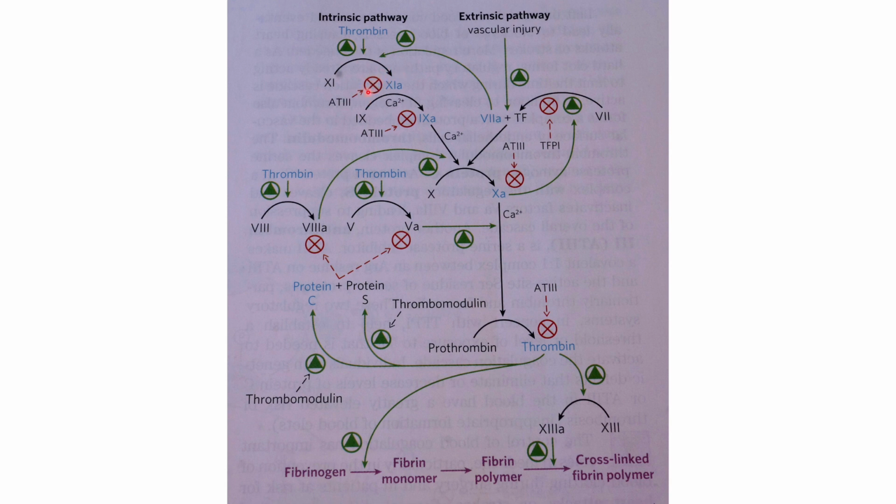Antithrombin 3 inhibits the next group of this reaction. 9 going to 9A with blockage by, again, antithrombin 3. You have the 7A, which is an activated form from the vascular injury that goes over here.